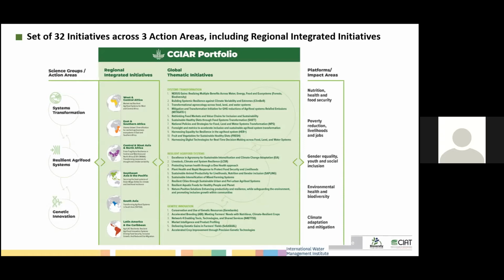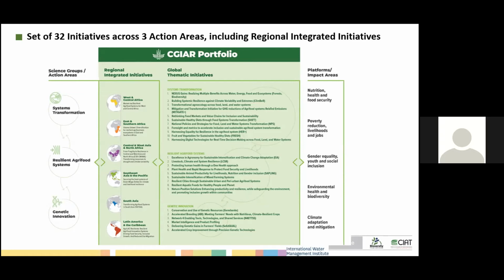And then resilient agri-food system. As I said, this is where interventions will be more on the ground, less at the political level. And in fact, you can see here a number of initiatives that are really specific for the farm level, like excellence in agronomy for sustainable intensification, livestock, climate and system resilience, protecting human health.